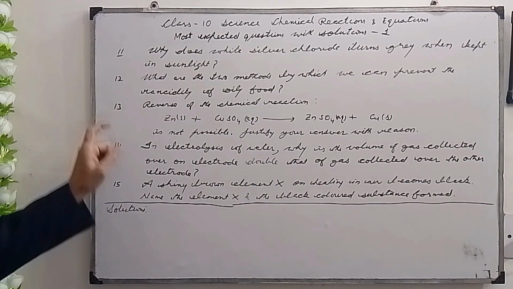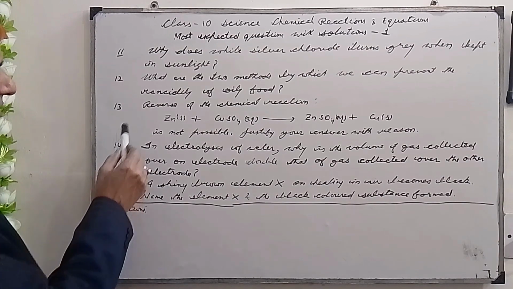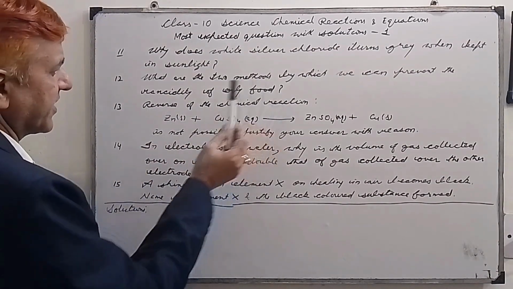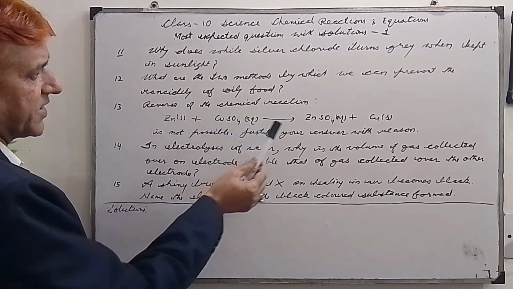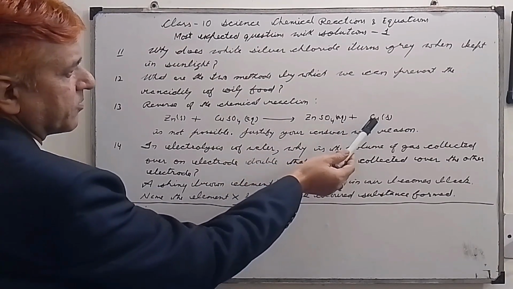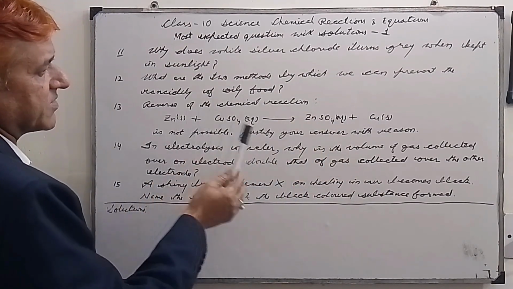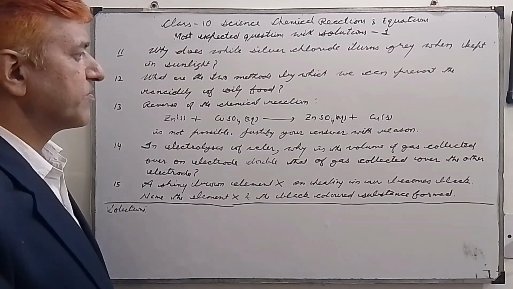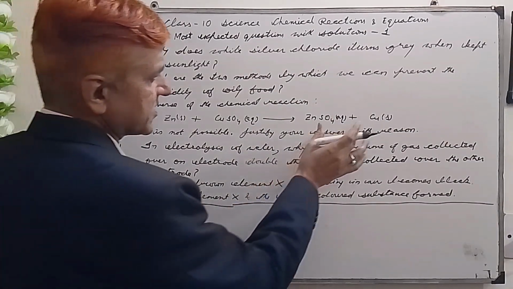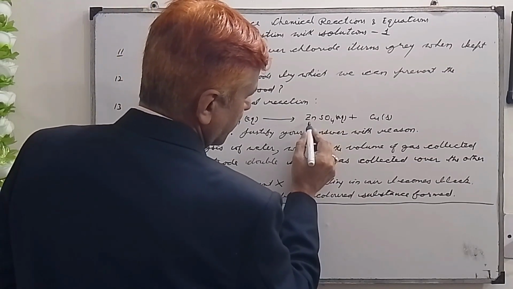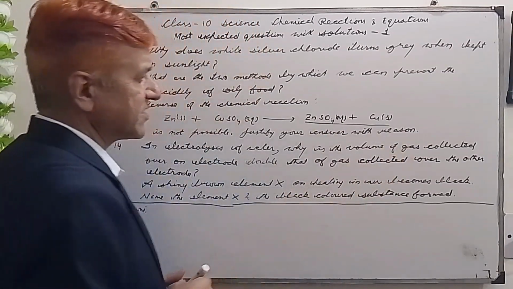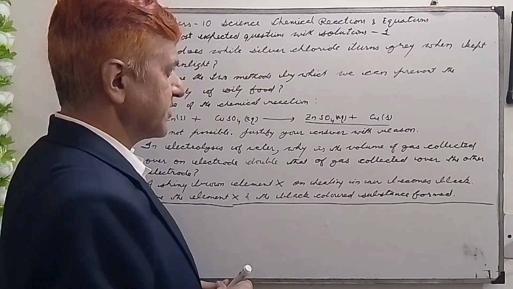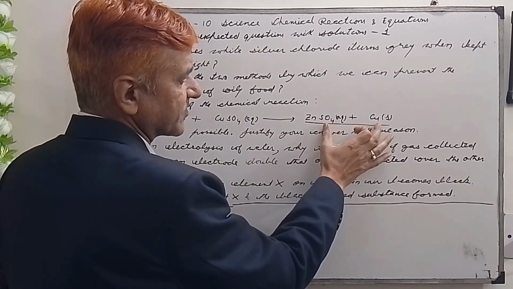Number 13: the reverse of the chemical reaction zinc plus copper sulfate is equal to zinc sulfate plus copper is not possible. Justify your answer. Reverse means we have to see the products. So can this reaction take place?